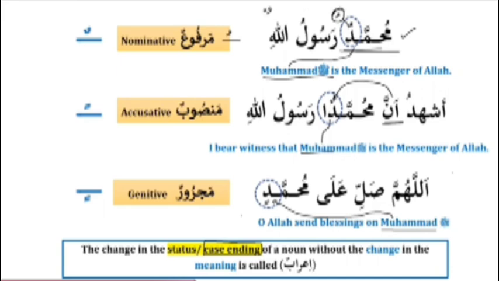It's basically dhamma, but to give the noon sound, we only double it, nothing else. Instead of putting one circle, we put two circles. And similarly for fatha, instead of putting one strike, we put two strikes above the line. And similarly for kasra, instead of putting one strike, we put two strikes. So it is called tanween, but basically it is dhamma, it is fatha, and this is kasra.